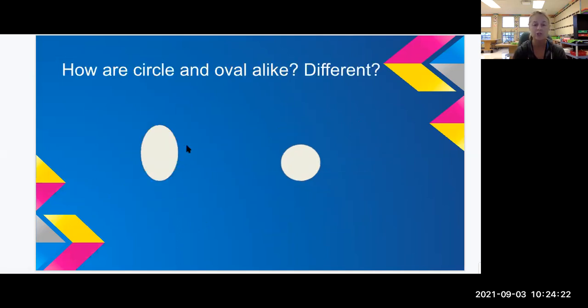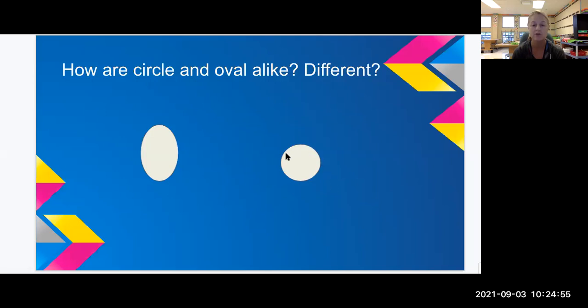And I want you to look at this oval and the circle. So we want to know, what are the similarities of these 2 things, or how are they alike? And we also want to know how they are different. Well, since you're not here for me to ask you, I will tell you. The oval has curves on both sides, and no straight lines and no corners.